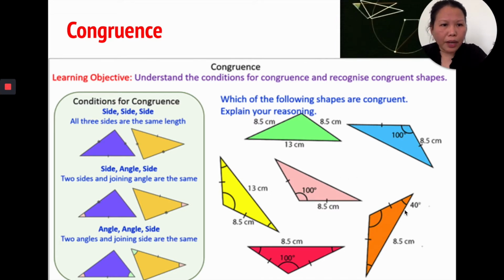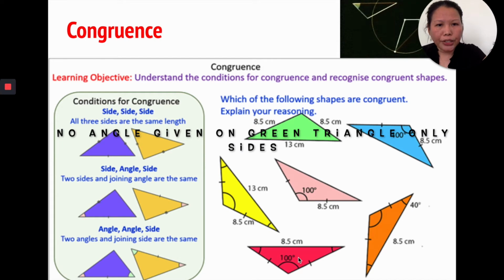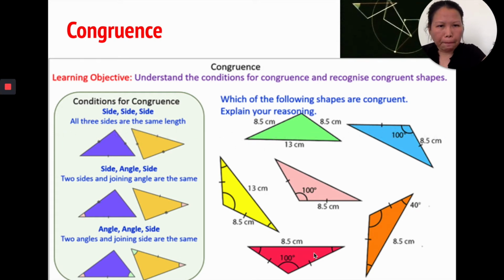Now, next one, we have 40 degrees, 8.5. 8.5 is on the green triangle here, but I don't have any degrees for it. How about this one? 8.5 and 100 degrees. Again, I don't have anything on the green to identify that, but I do have 8.5 as the side. Yes, I do have that. Even though this angle is not shown, 8.5 is the same and it is marked the same.